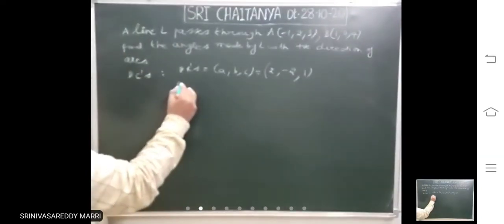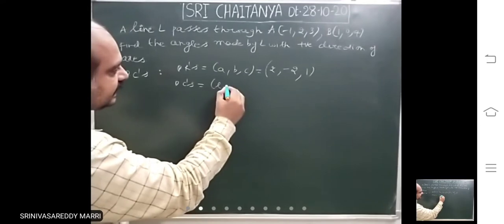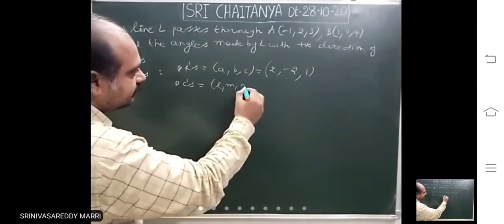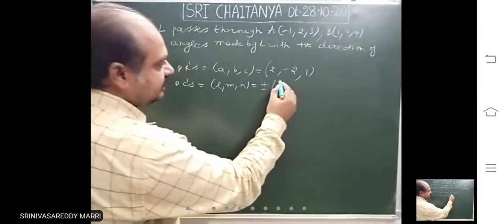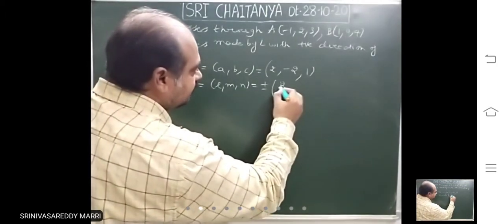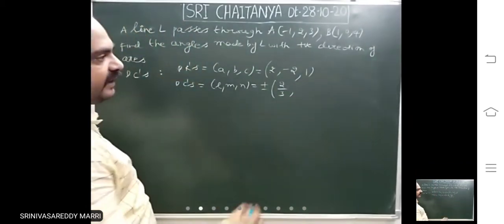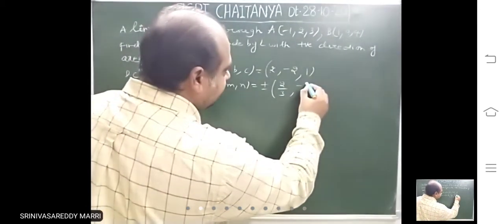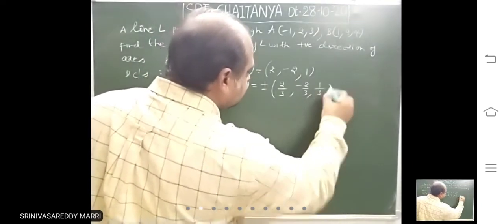Now DCs. DCs L, M, N equal plus or minus A divided by root of A square plus B square plus C square, which is root of 9, that is 3. That means 2 by 3, minus 2 by 3, 1 by 3.